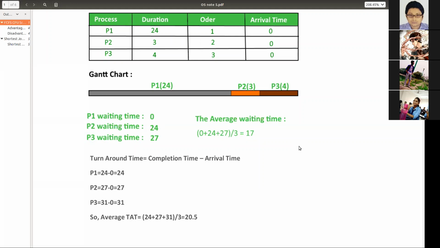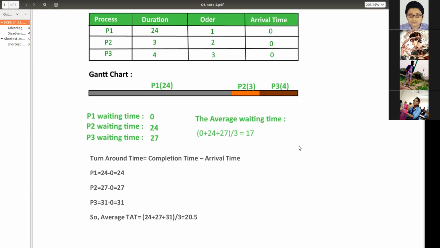So here, if I want to calculate the turnaround time for process P1, the completion time for P1 from the chart is 24, and the arrival time for P1 is 0, which is given in the question paper. So the turnaround time for P1 is clearly 24.